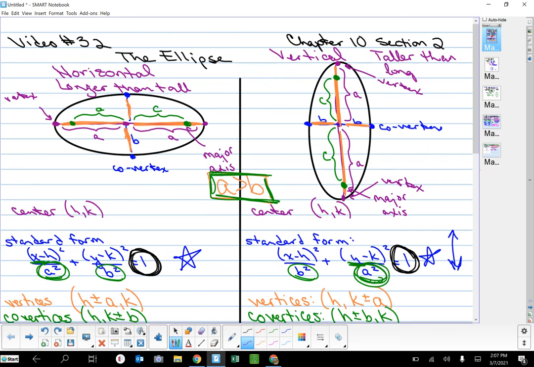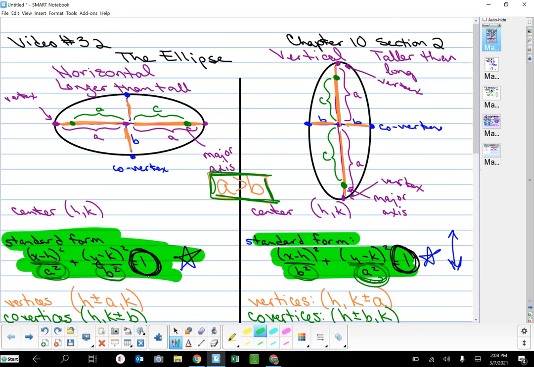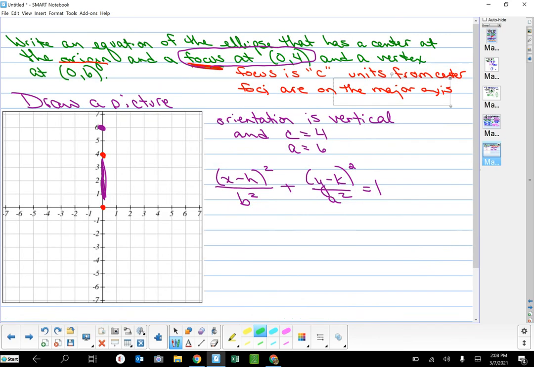And I want to know which of these two formulas do I need to fill in? Am I filling in the horizontal one or the vertical one? Well, that's based on the information that you have. They're not telling you, so you need to figure that out. So we know we need the vertical because of where these points lie and the information that they gave us.